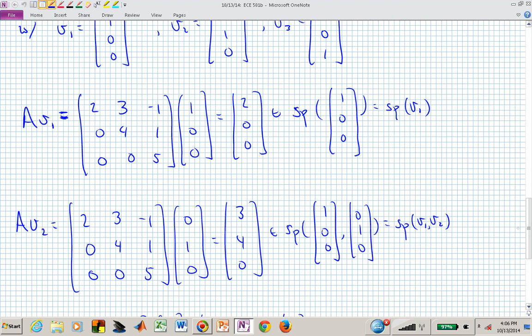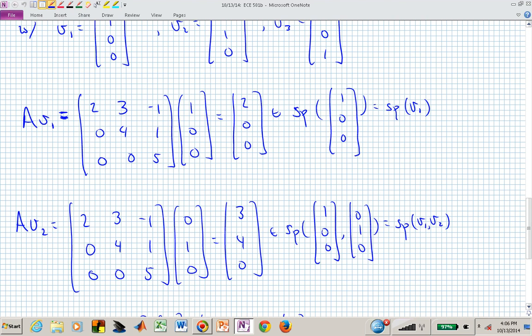Suppose now we say, what if we operate on that vector, or a new vector, v sub 2, which is now, let's say, in the y direction. Then when we operate on that, that's like extracting the second column.